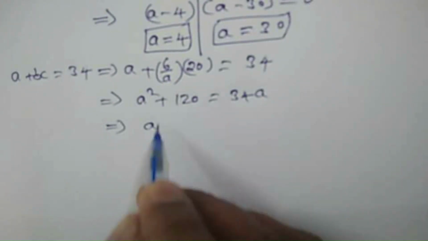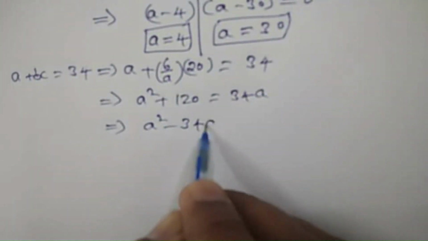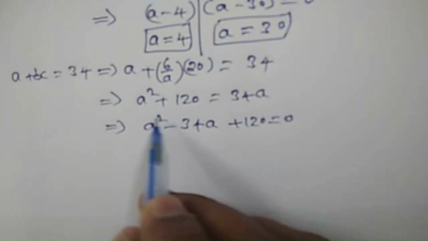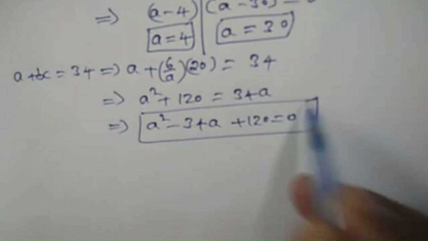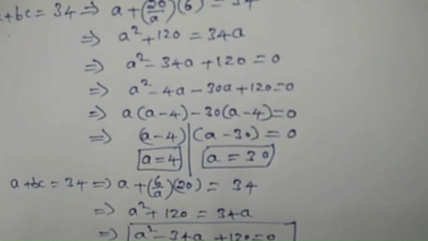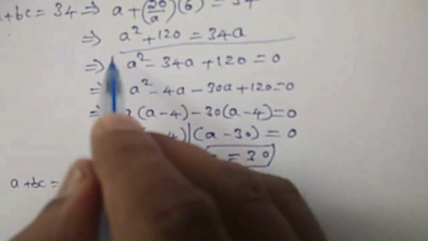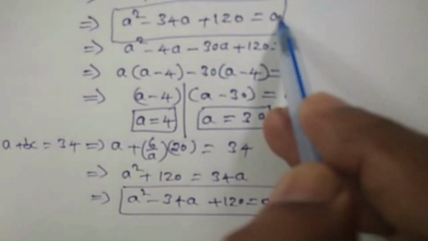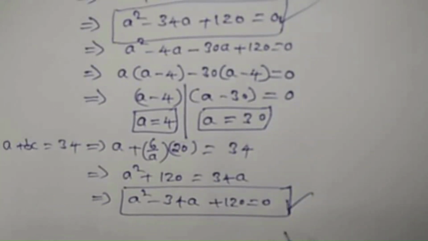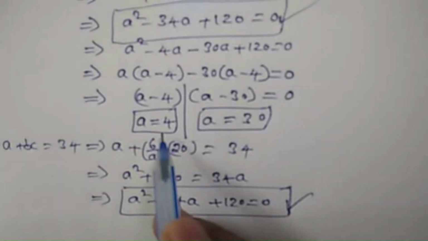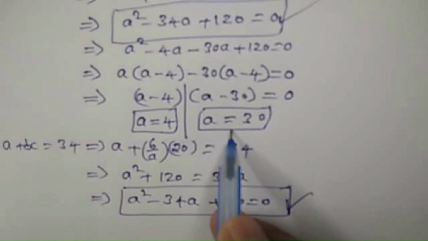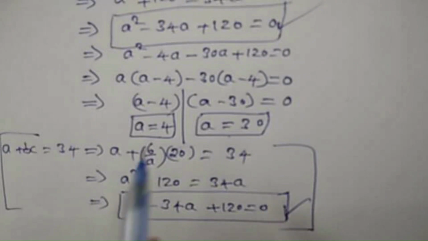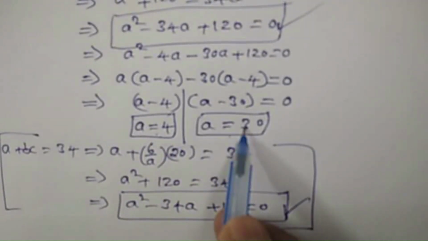That implies a square minus 34a plus 120 is equal to 0. This equation is the same equation which we got when we substituted the first combination. So both are the same, and we will get the same values for a. a is equal to 4 and a is equal to 30. Simply we can ignore this equation.